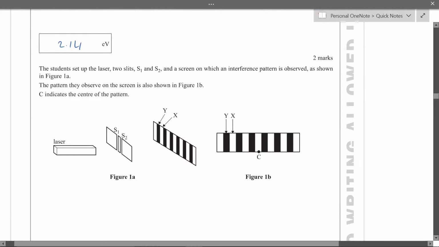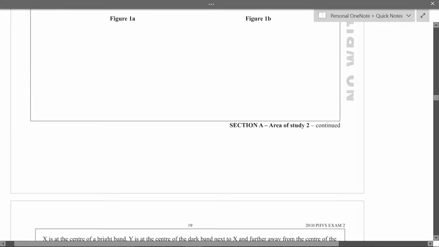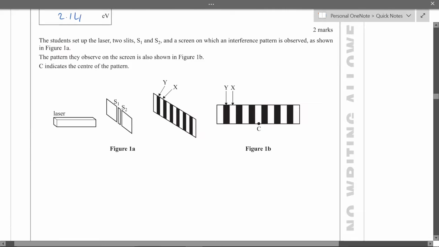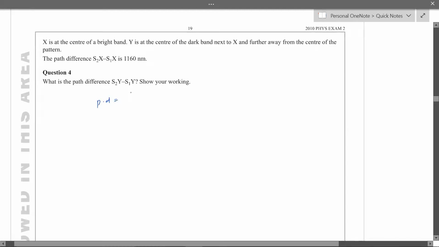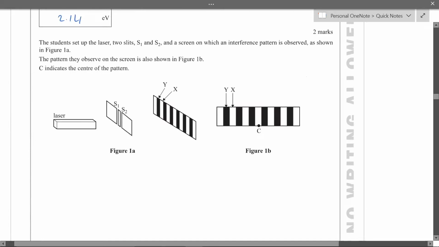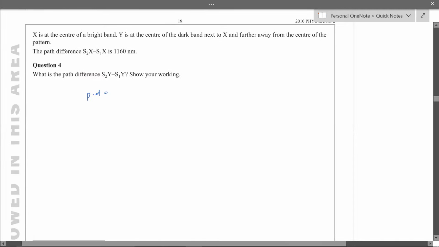So that's this question. Path difference from Y to the slits. Y is a dark band and X is a bright band. So what's the path difference between S2Y and S1Y? Y is a dark band, so we use this formula, but we don't know lambda, so we have to use this part that they gave us.